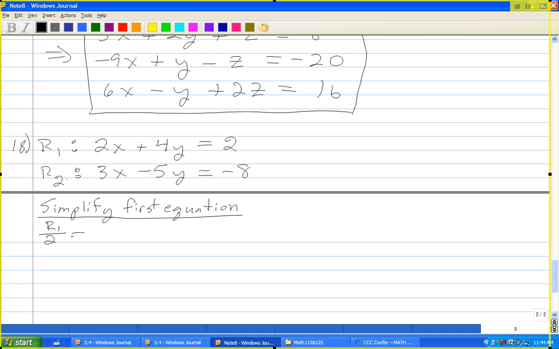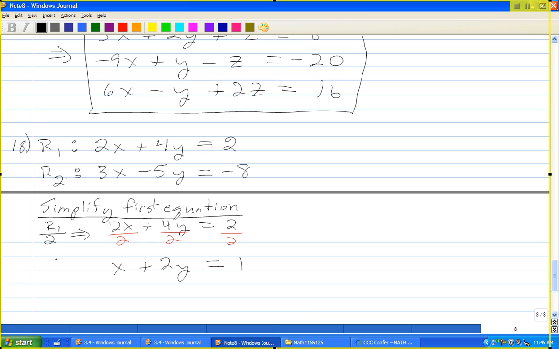And so that gives me 2x plus 4y equals 2. Let's divide each of those by 2. And so I get x plus 2y equals 1.